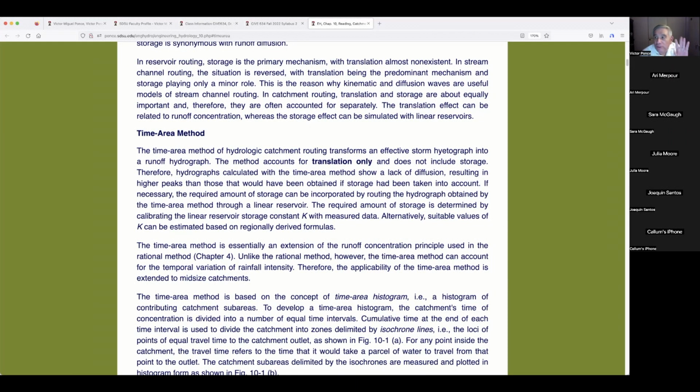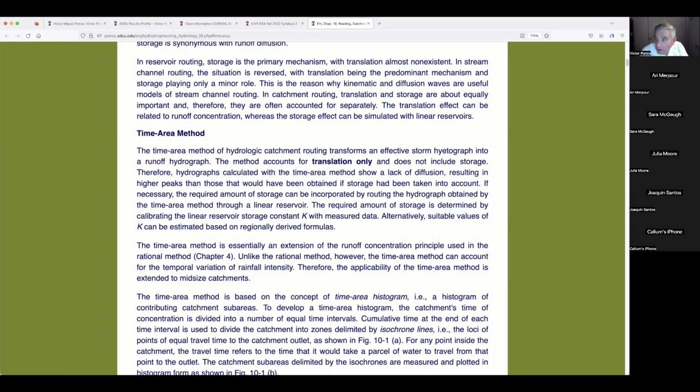It has no diffusion, so it's peaked. There's a peak at the end of the rainfall, and then there's an abrupt recession. And by the time you get to twice the duration, you get the end of the hydrograph. It's an isosceles triangle. That is the general hydrograph of the rational method.